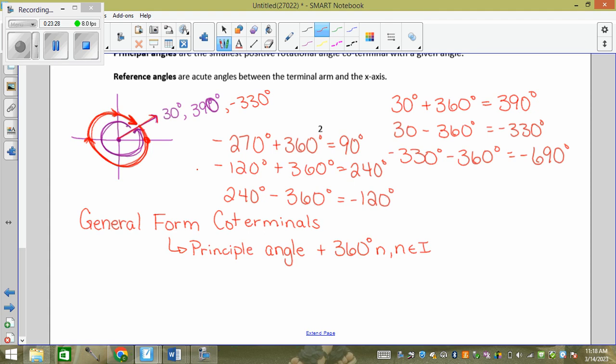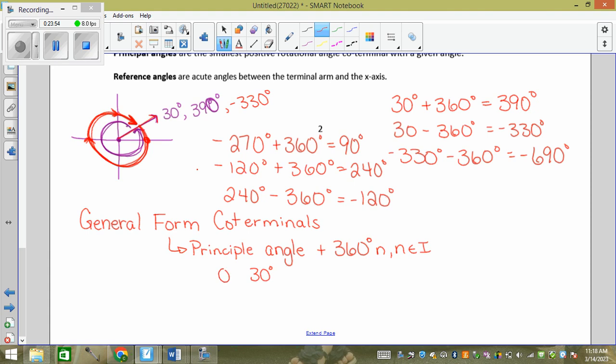So, the principal angle is the angle that actually falls on your unit circle. So you know how you have answers on your unit circle from 0 to 360? Or 0 to 2 pi? The principal angles are those angles. The ones that land between 0 and 360 or 0 and 2 pi. That's principal angles.